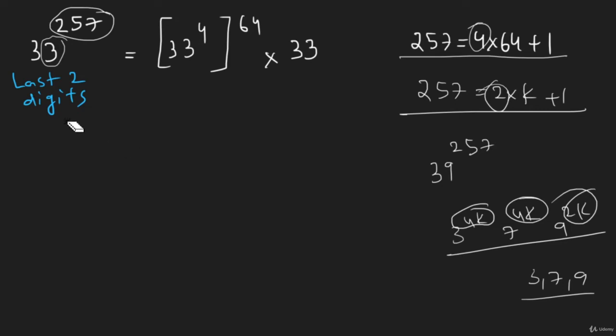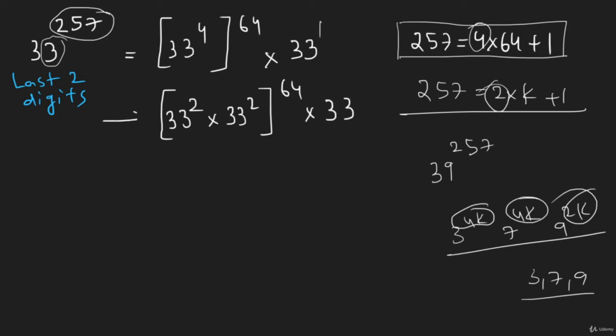So we have rewritten 33 to the power 257 as 33 to the power 4, the whole to the power 64 into 33, right? The reason is 257 is 4 into 64 plus 1, and this is the same as 33 to the power 1. Now let me write this as 33 square into 33 square to the power 64 into 33. And I am only interested in the last two digits.